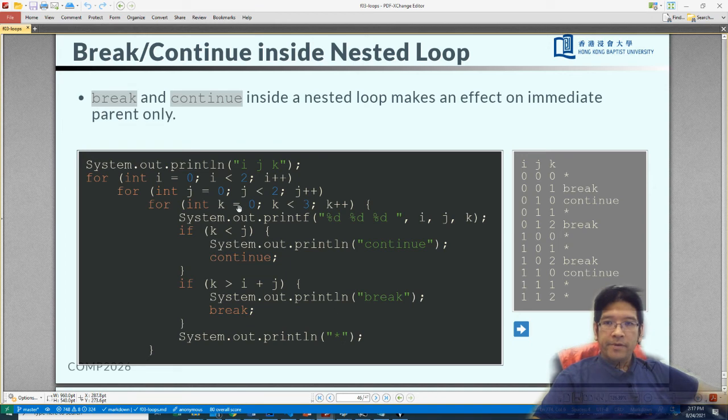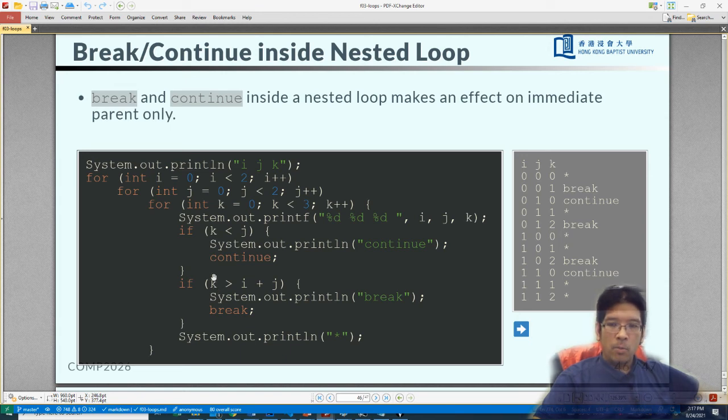So for the first time, I, J and K have the values of 0, 0, 0. This condition does not hold, so it prints a star. Then we loop the inner loop, so K equals 1. 1 is not less than J, so we keep going.